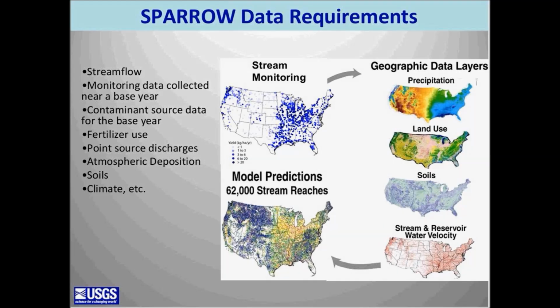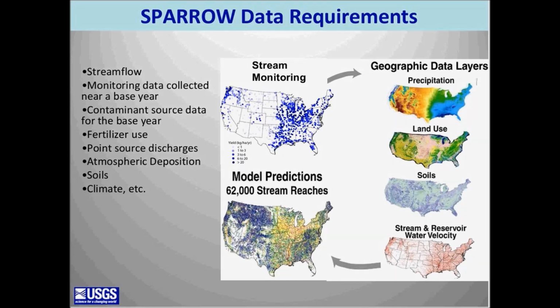So the input to SPARROW is the location of each of these reaches. Some of these reaches are calibration points, but the vast majority are prediction reaches. And for each reach, we have how much of these different input functions are put into SPARROW.